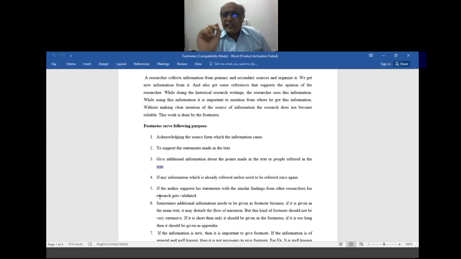Now when you read the secondary sources, one important thing that happens is that many times your own finding gets authenticated by some other scholar. The conclusion you are reaching is similar to a conclusion already reached by another scholar. I'll give one interesting example that happened with me.